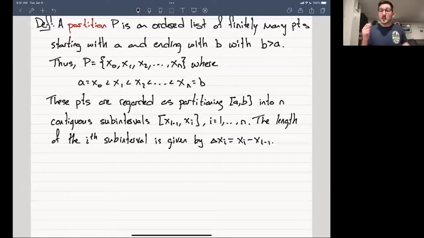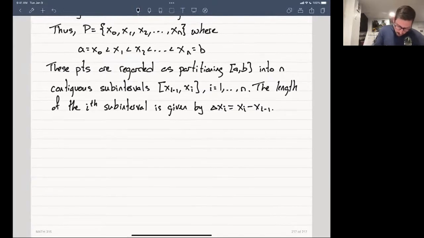Now, there is nothing in this definition that says that all of the delta x_i's have to be the same. This is probably what you did in calculus. You usually use a regular stepping to partition up your interval. But for us, we're going to do things in complete generality. There's nothing that says that everything has to be equally spaced here. Now, let's keep going.